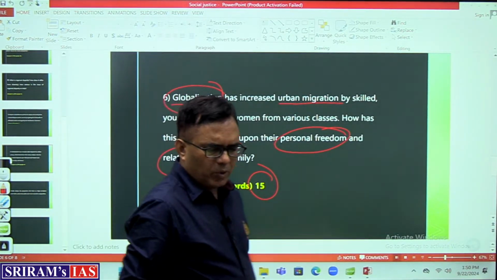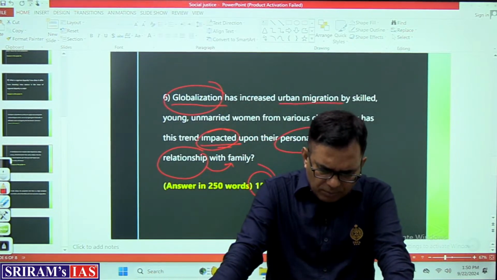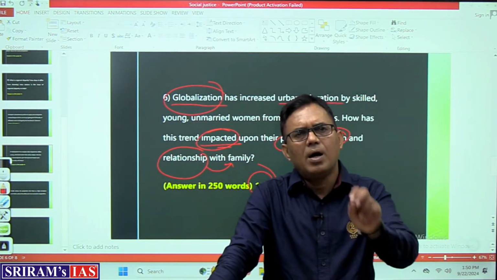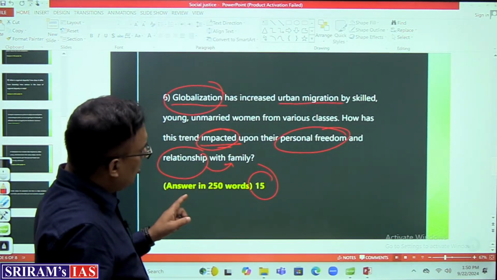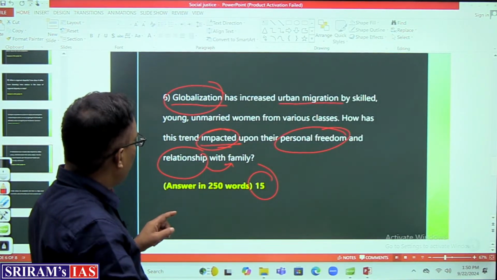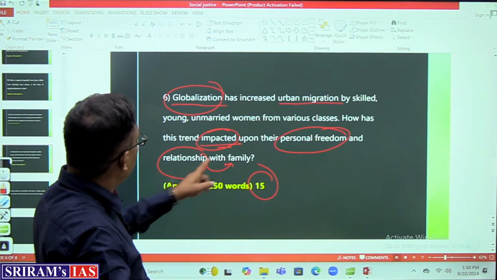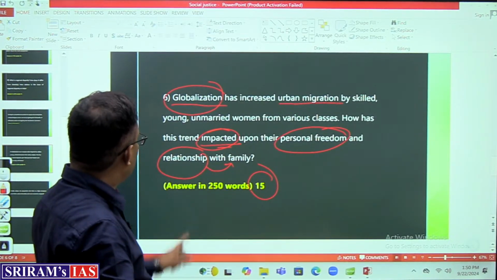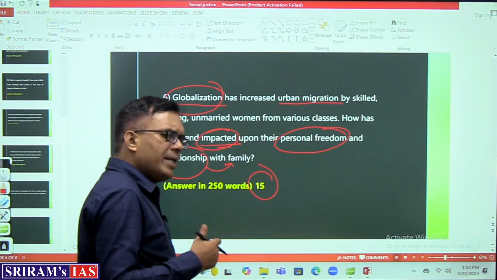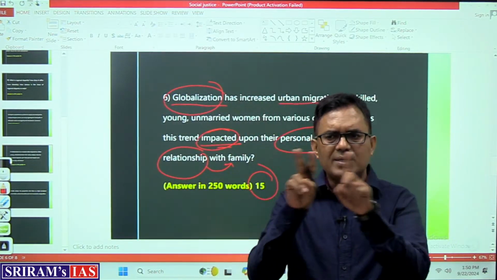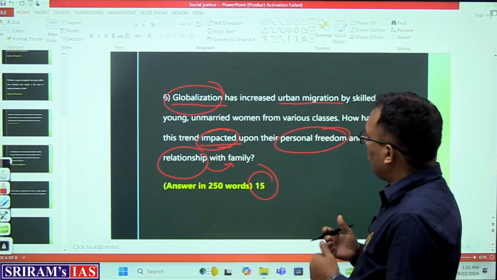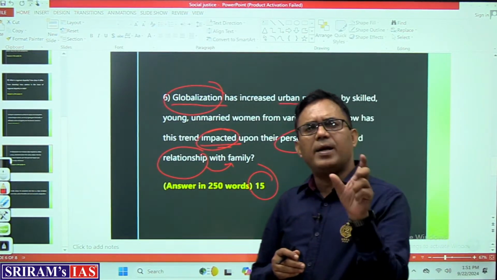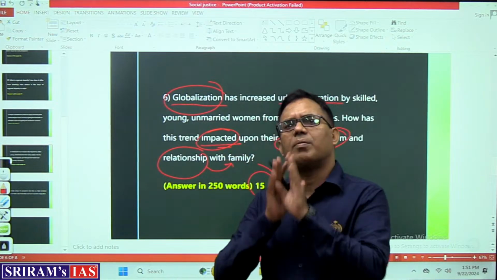Thereafter we can discuss how globalization has affected two areas. First, the personal freedom part. Second, the relations with the family. Two areas are there, and it has impacted both in positive and negative ways. Accordingly we can frame the answer.